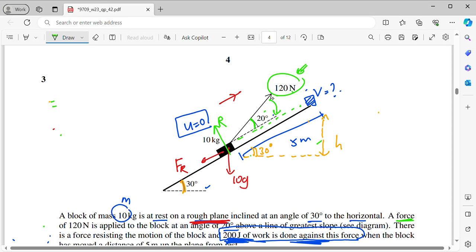This is the opposite side, this is the hypotenuse. Opposite and hypotenuse is sine. So sine 30 is h over 5, so h will be 5 sine 30 degrees, because I'm resolving this up vertically.